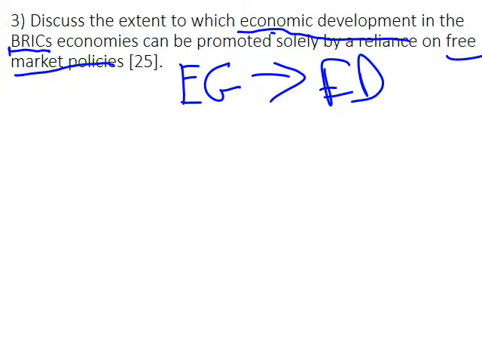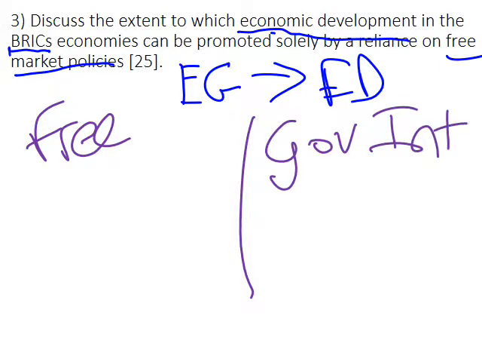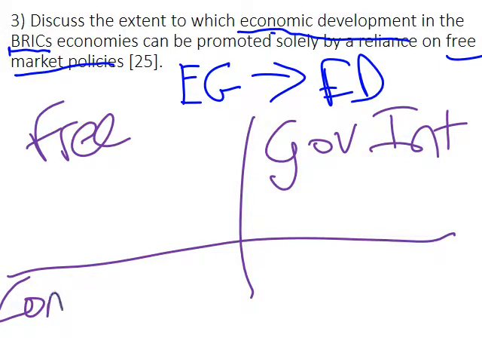So we've got two sides there. One of them is going to be the free market and one of them is going to be interventionist policies. Discuss question, so we're going to need an evaluative conclusion as well about which side we agree with, free market or government intervention.